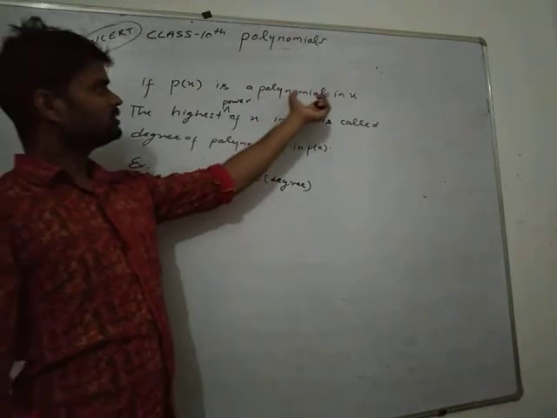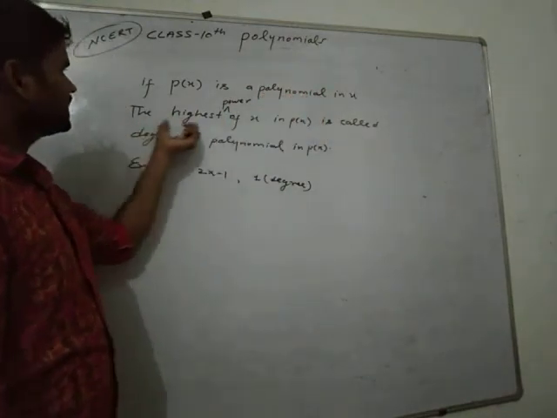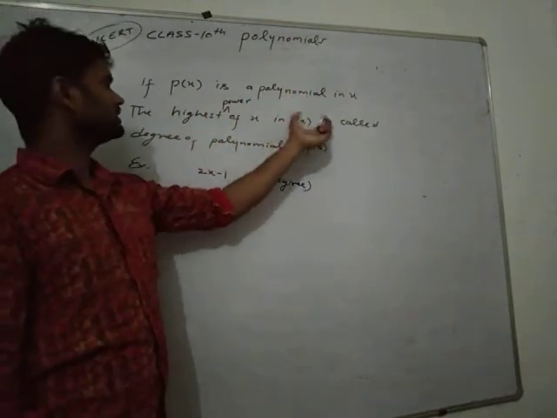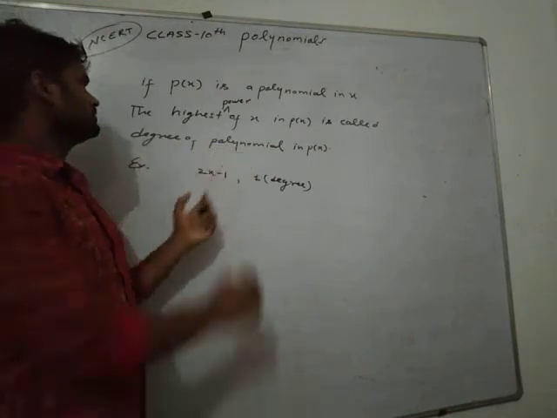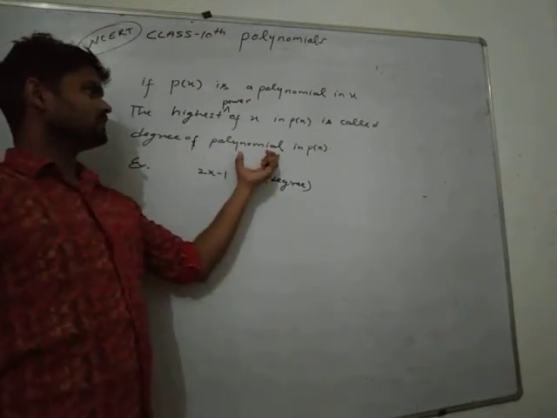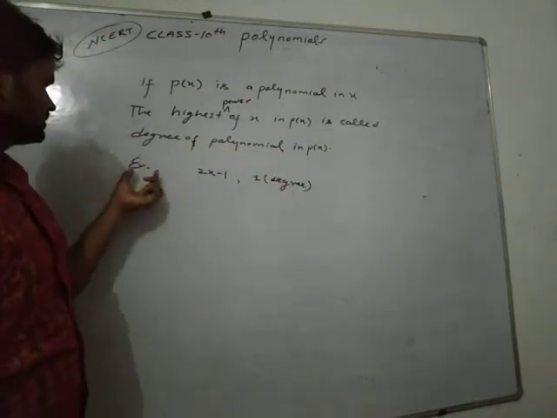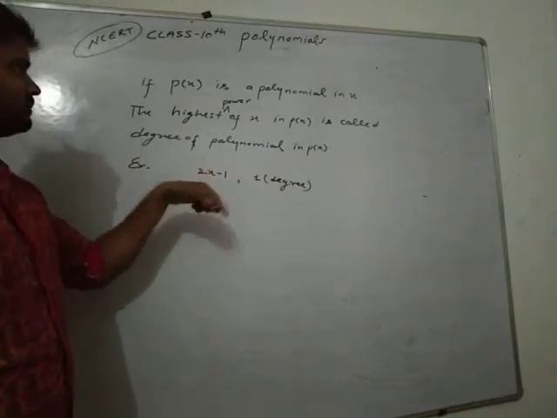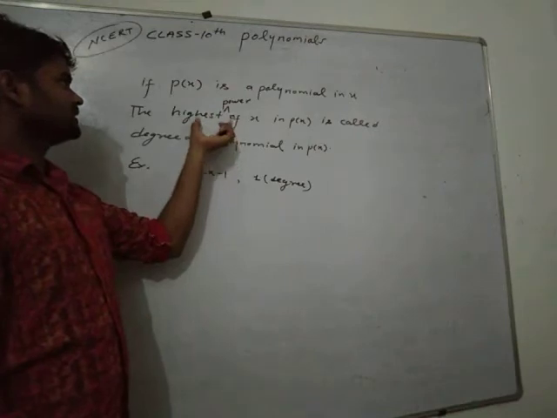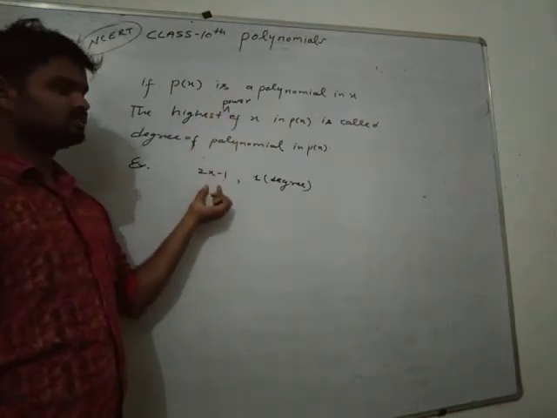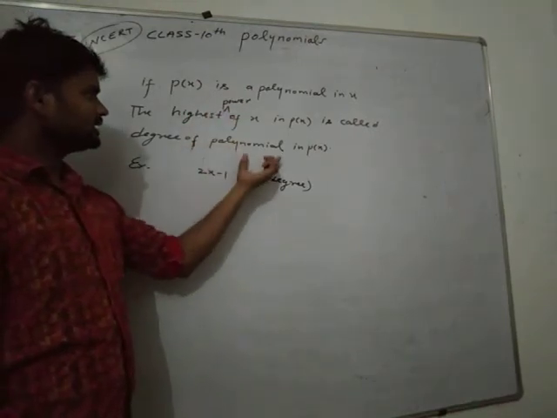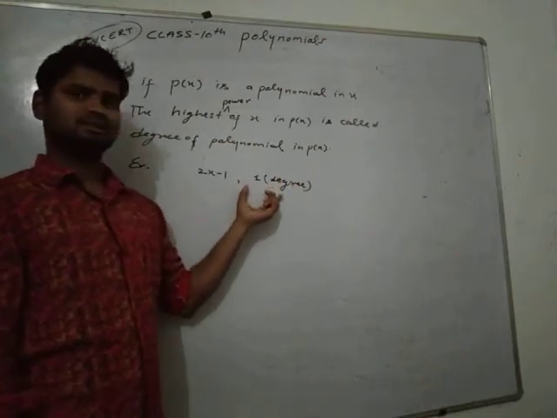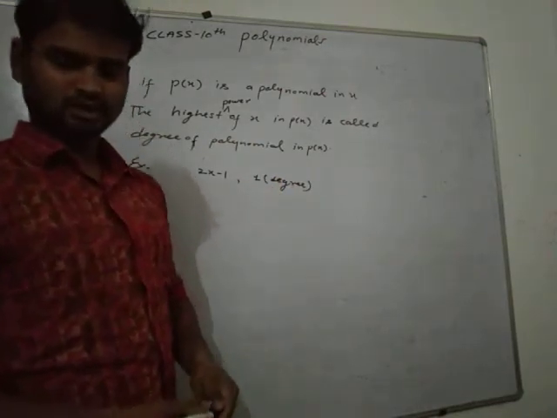If p(x) is a polynomial in x, the highest power of x in p(x) is called the degree of the polynomial in p(x). Here 2x minus 1 is a polynomial and the highest power of x is 1. So the degree of the polynomial in p(x) is 1. Clear?